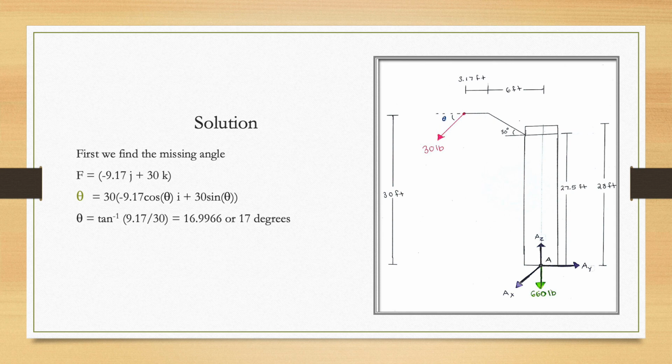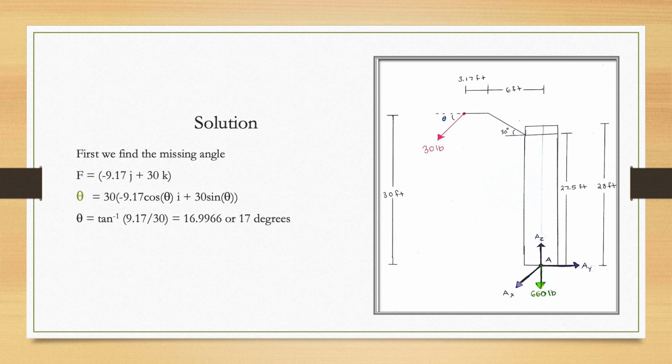So first we find the missing angle. The position of the force is at 0 on the x-axis, I didn't put it in because it was 0, and it's negative 9.17 on the y-axis because it's on the negative side, and 6 plus 3.17 equals 9.17.